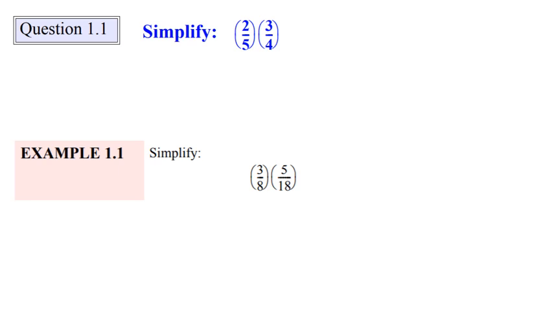So when you multiply fractions, it's very important to check a couple of things. The first thing that you need to check for is your diagonals. So 2 and 4 are considered diagonals because they're diagonal from each other. And then 3 and 5 are also diagonals.